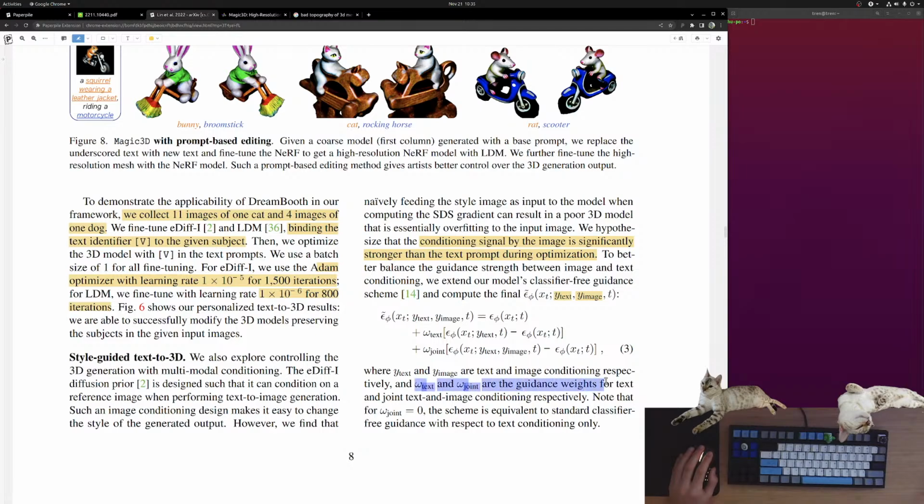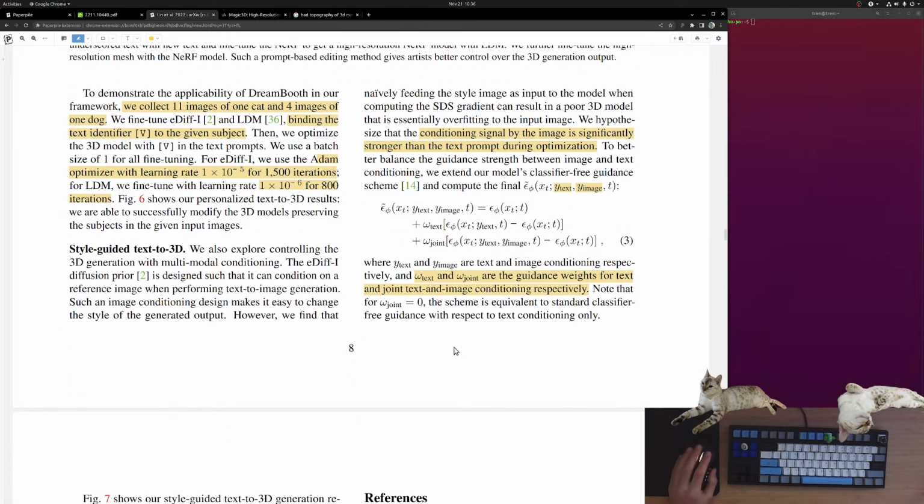W_text and W_joint are the guidance weights. So they do say that the image has a stronger conditioning than the text prompt. So they have these additional weights here that they tune so that you can control how much the text is controlling the actual image versus how much the style image is controlling it.